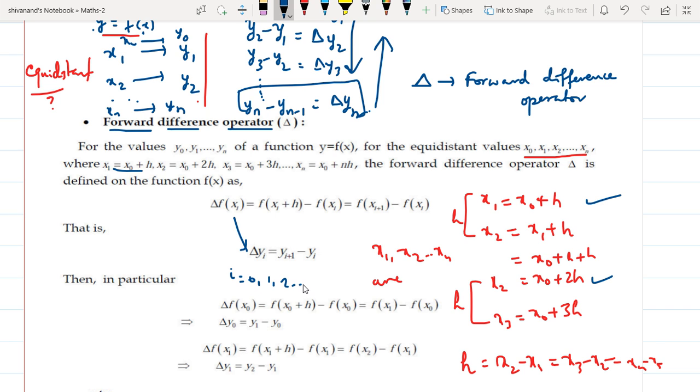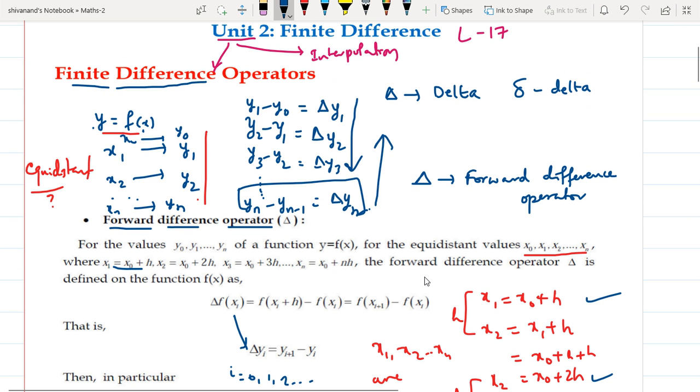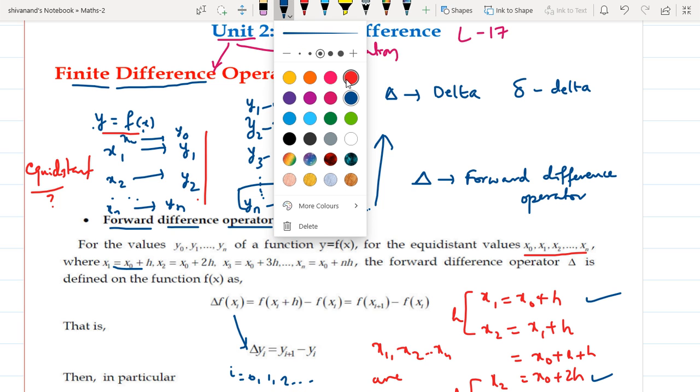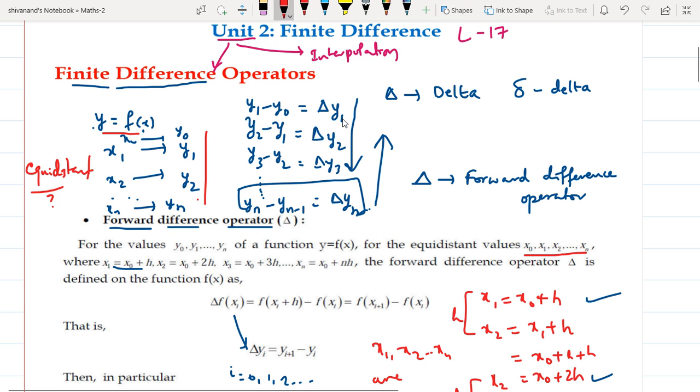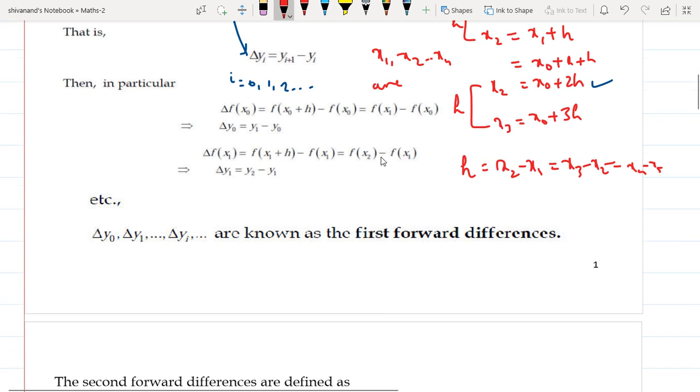If we put values for i equal to 0, 1, 2, and so on, then delta y0 is nothing but y1 minus y0. Yes, this should be y0, not y1. And this is y1, this is y2.